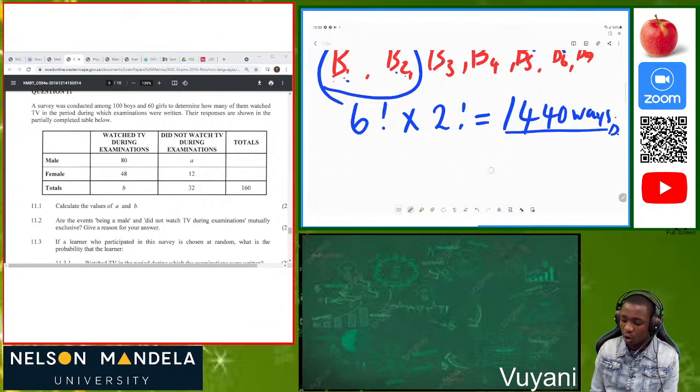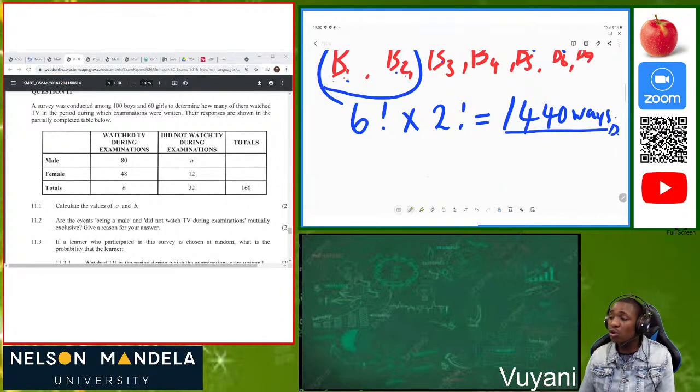We can always use our calculator. When you use your Casio, you press shift, then there is this n factorial button. I don't have my Casio with me, but I'll write it also in the description so that you can see where you are supposed to press.